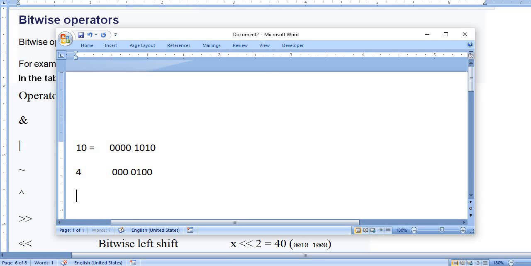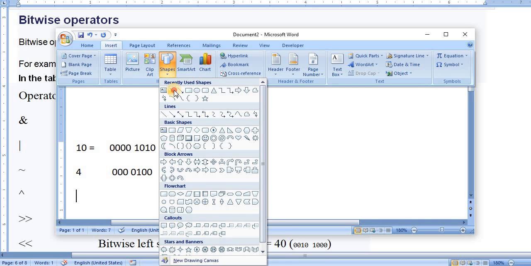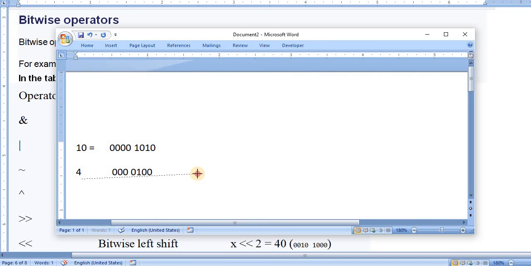Okay. So when you compare using the bitwise operator, look at here. Look at 0 and 0.